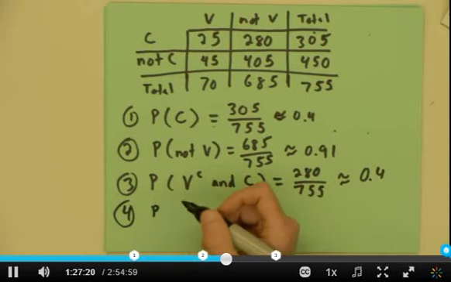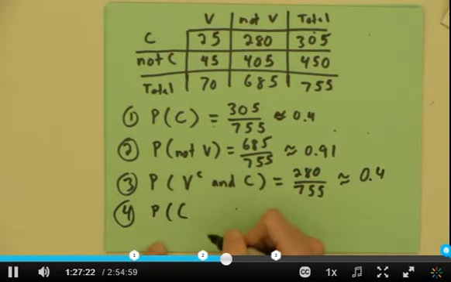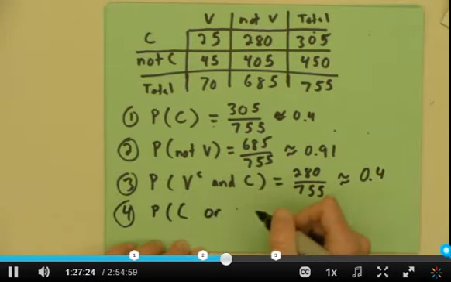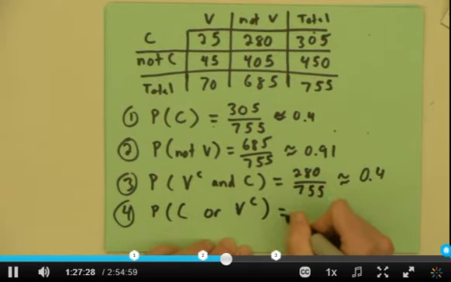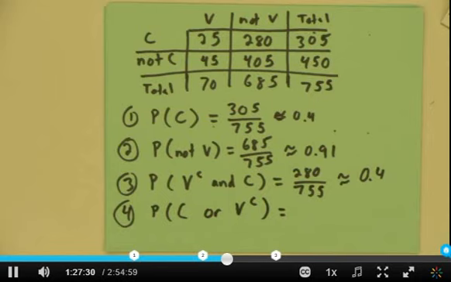What's the probability the driver is a cell phone user or had no violation in the last year? A few different ways to calculate this.